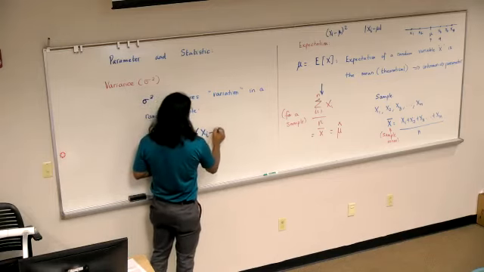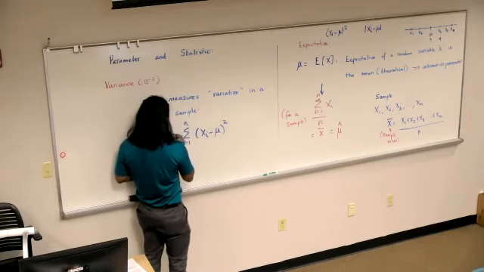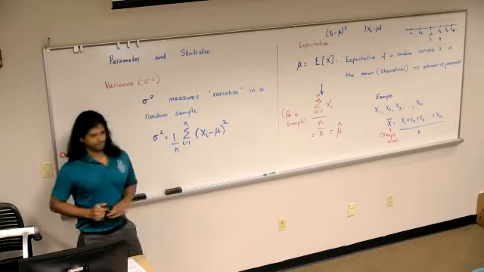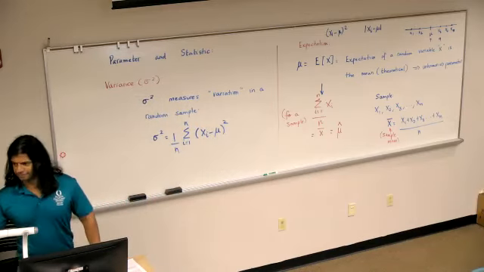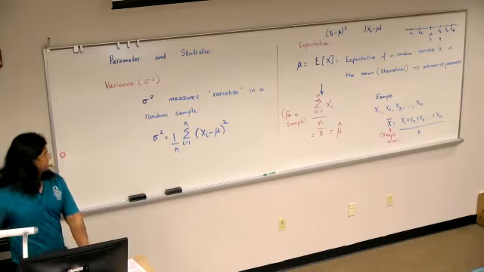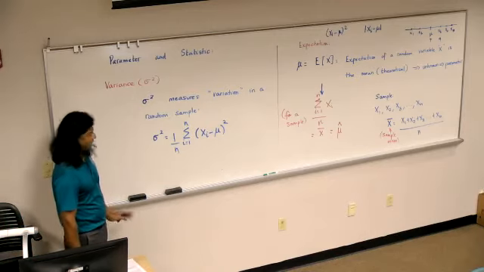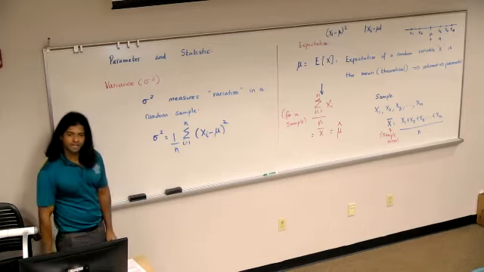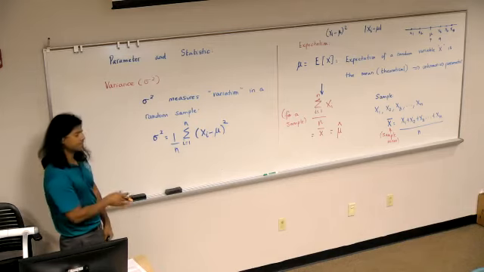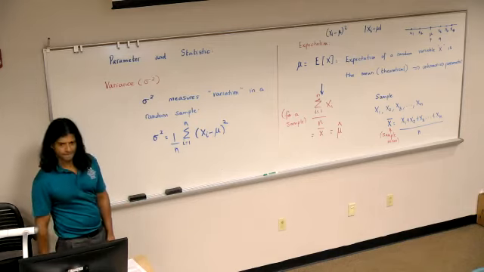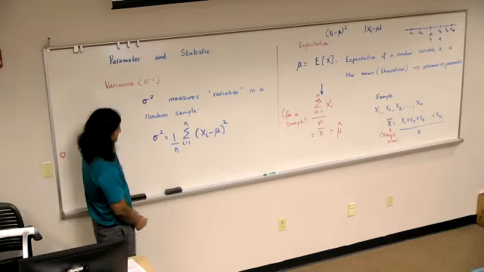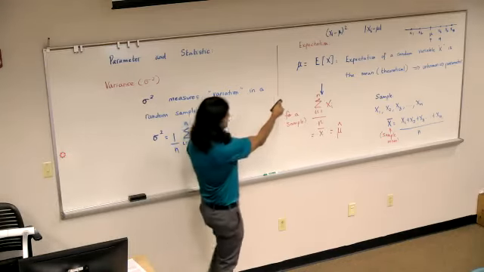So that's what we have. Good. So that is the theoretical variance. Now, how would you associate it with the sample variance?